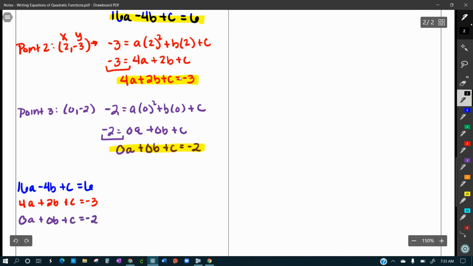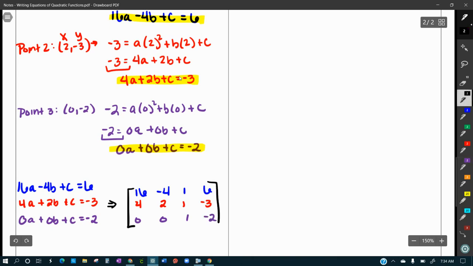Now, we don't have to solve this by hand. We have a calculator that can solve a matrix for us. So if we set this up in a matrix, we have 16, negative 4, 1, and 6. We have 4, 2, 1, and negative 3. And we have 0, 0, 1, and negative 2.